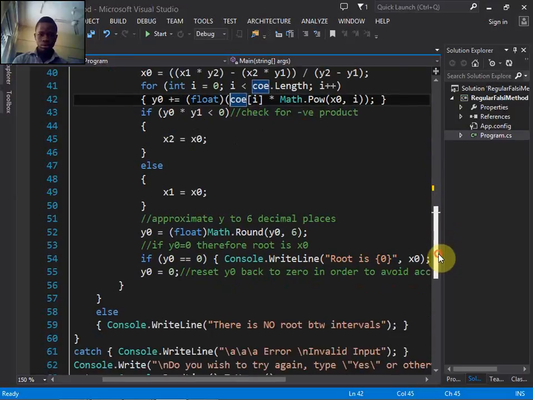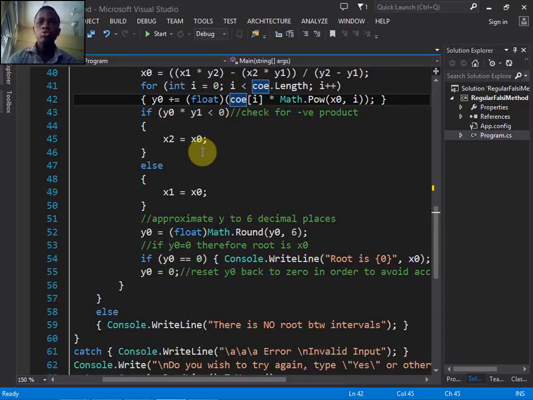If x0 is the midpoint and you are checking for positive, so if the product of the midpoint value and the original function of x1 is less than 0, that's negative, let your x2 equal x0. So you are replacing, checking for the positive and negative. You just want to work between positive and negative.